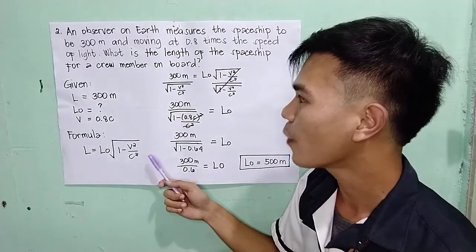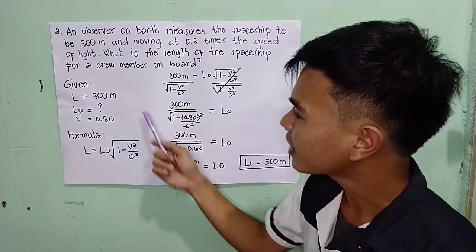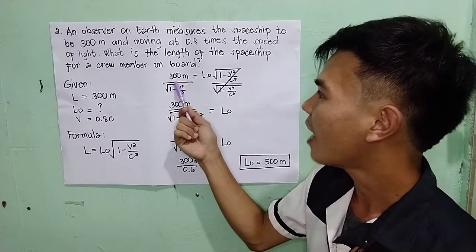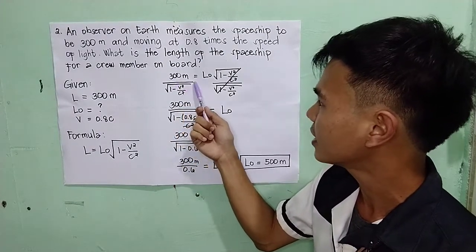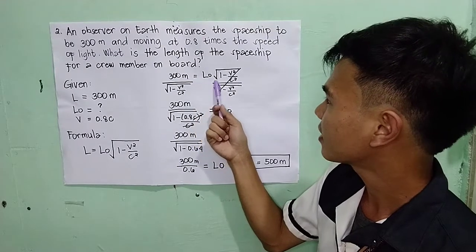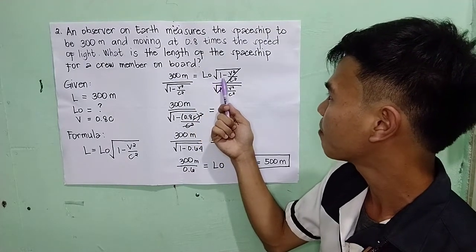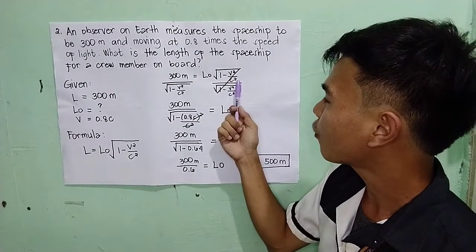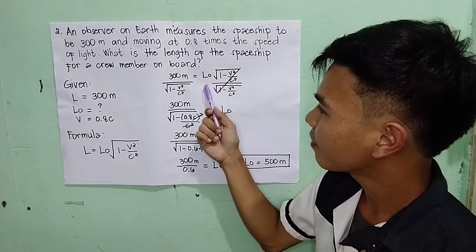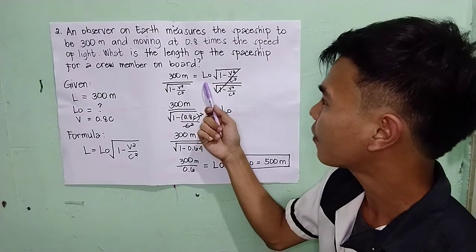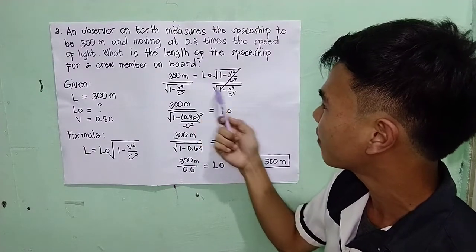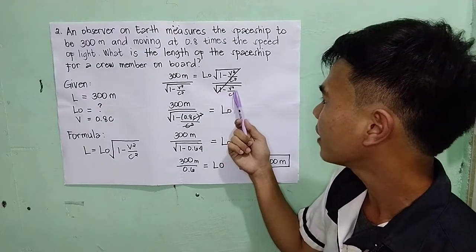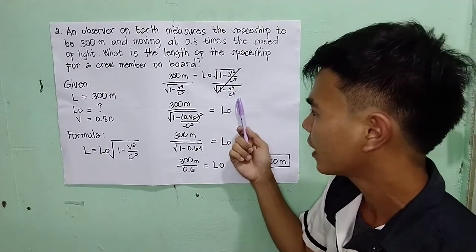Substituting the given, 300 meters is equal to L naught times the square root of 1 minus V squared over C squared. For us to have the value for L naught, we divide both sides by the square root of 1 minus V squared over C squared.